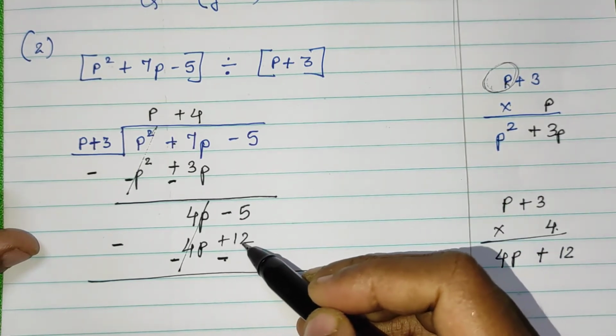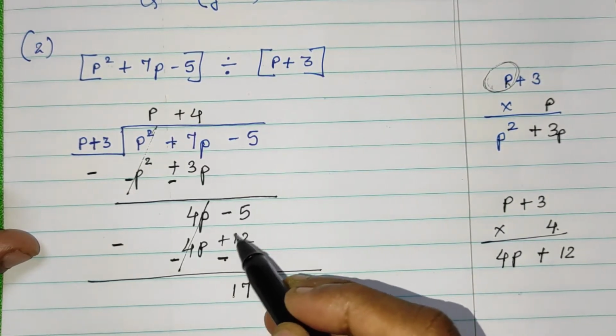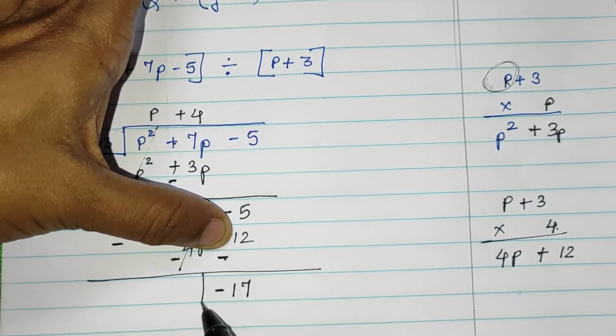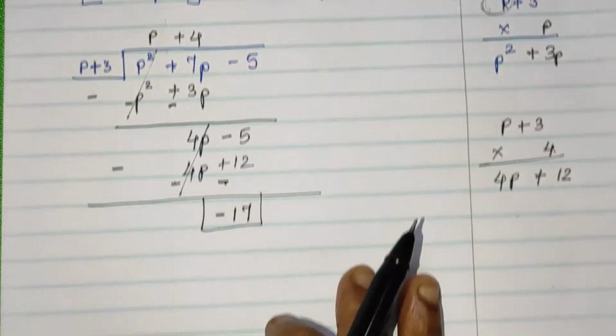So 12 plus 5 becomes 17. And since the greater number 12 is now negative, you get negative 17. So this is your remainder.